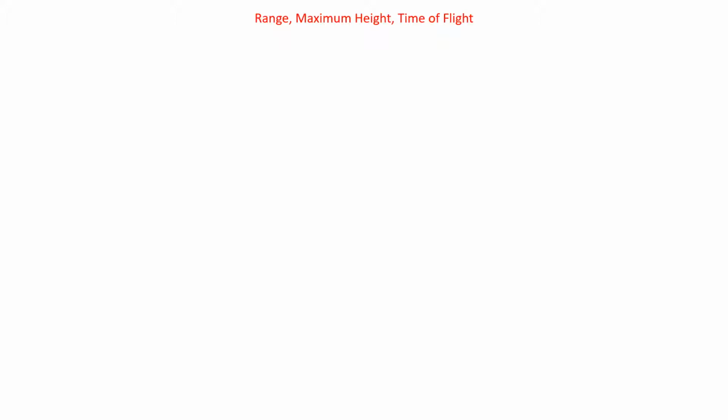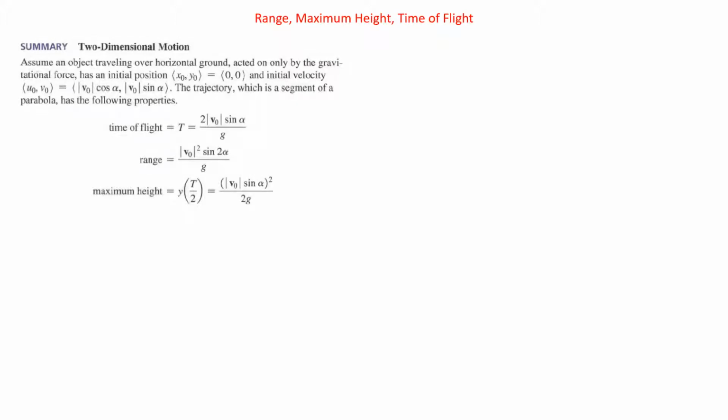So we'll be able to find the range. That's the x distance. The time of flight, how long until it hits again, and then the maximum height. So we can get equations for these. And we can plug it in, we can solve the equations using these values. It'll show you in the book, but really what we get is the time of flight, T, that'll be the maximum time, so time will go from 0 to capital T, is going to be 2 times the magnitude of the initial velocity, sine alpha, over gravity.